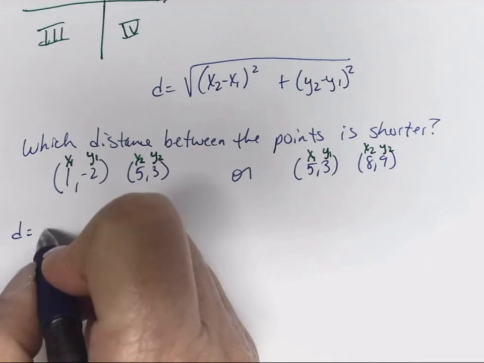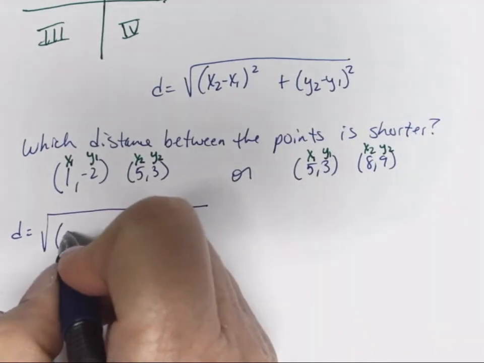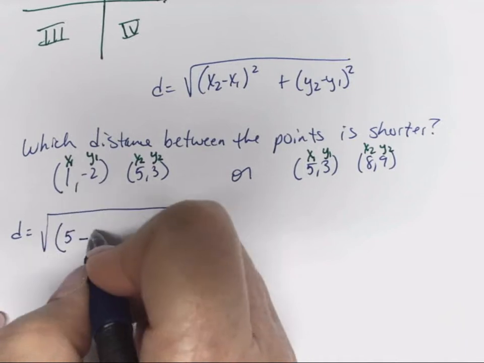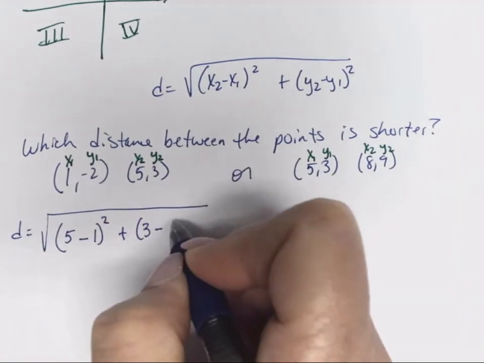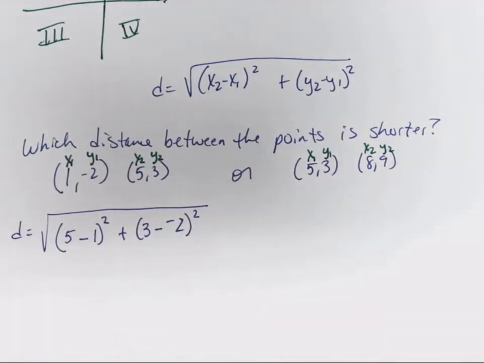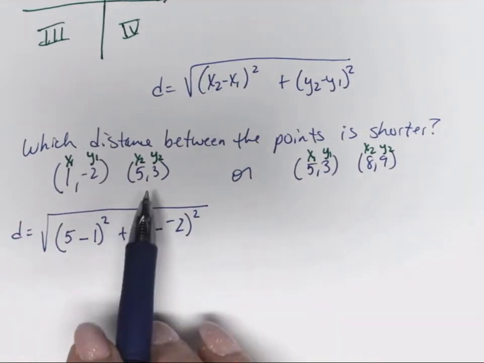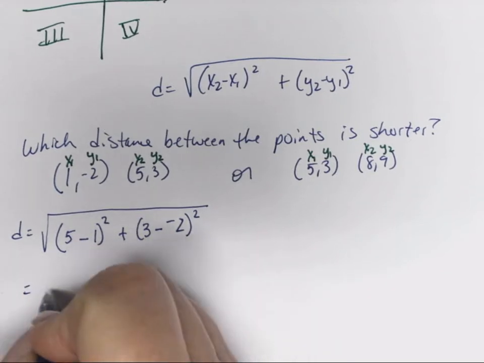So d would be equal to the square root of (x sub 2, 5, minus x sub 1) squared, (3 minus negative 2) squared. So always make sure you bring your signs. And again, it doesn't matter which point you pick as x sub 1, y sub 1, and x sub 2, y sub 2, because it's going to get squared, so it won't matter.